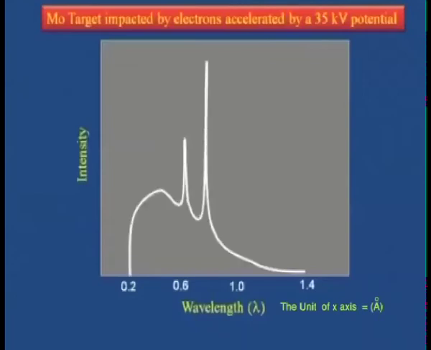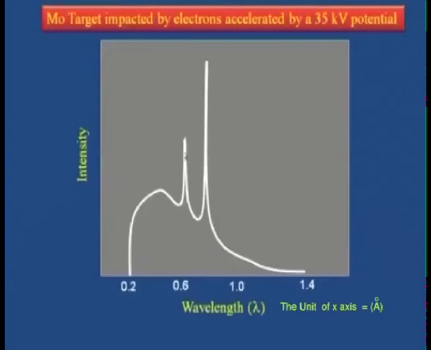Then what you observe is the following: you get a white light called Bremsstrahlung radiation, which is a continuous spectrum, with wavelengths ranging from 0.2 to 1.4 angstroms, the entire big range.